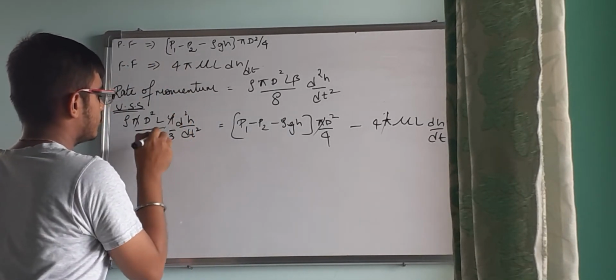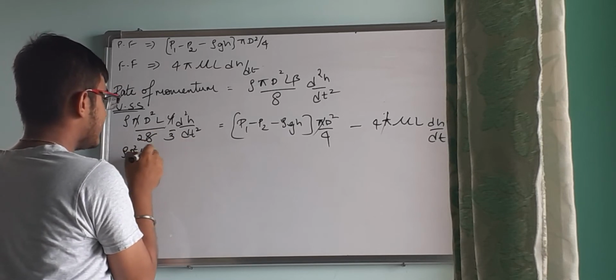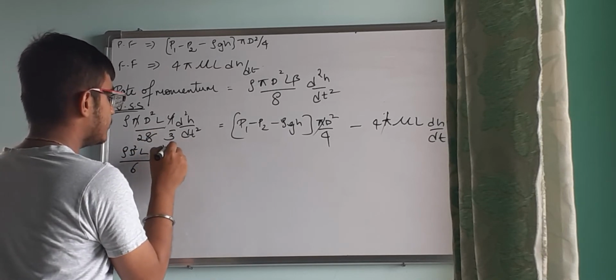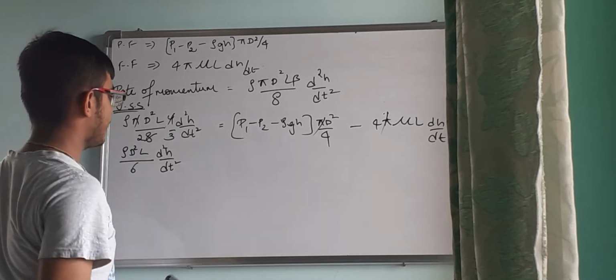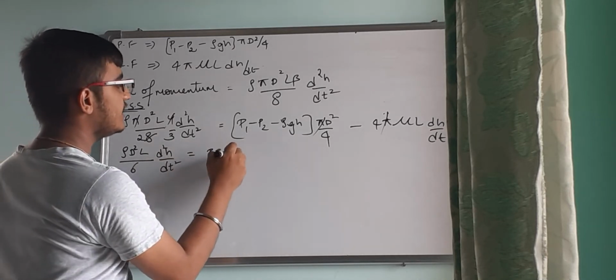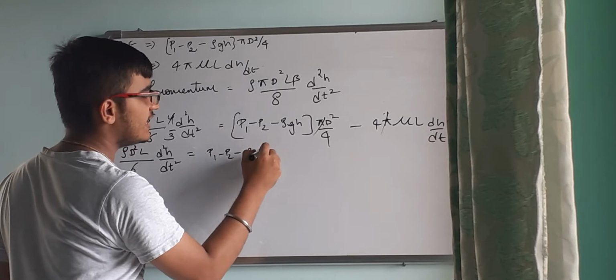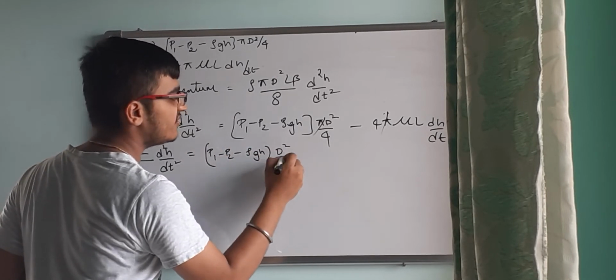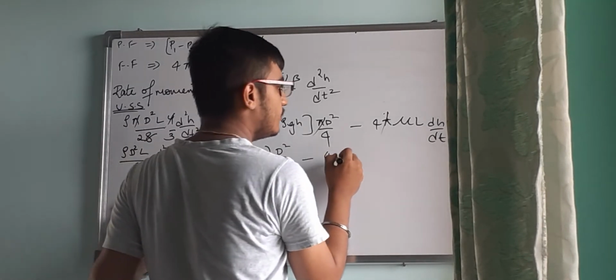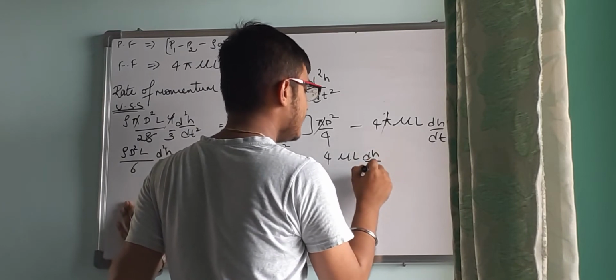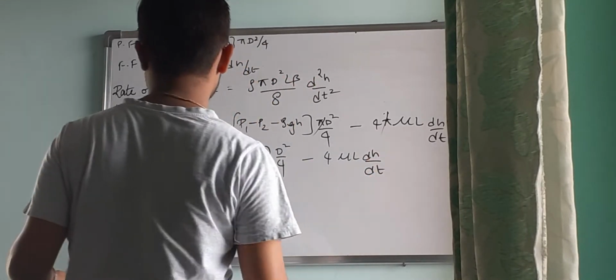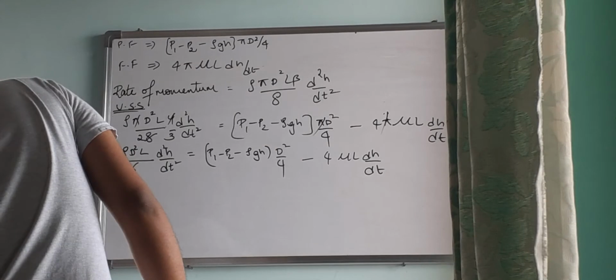So 4 2's, you have rho d square L by 6 into d square h by dt square is equal to P1 minus P2 minus rho g h into d square by 4 minus 4 mu L dh by dt.